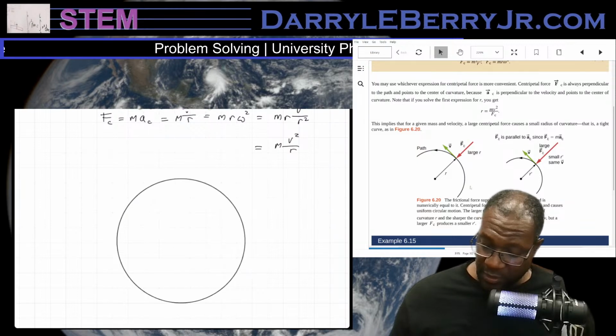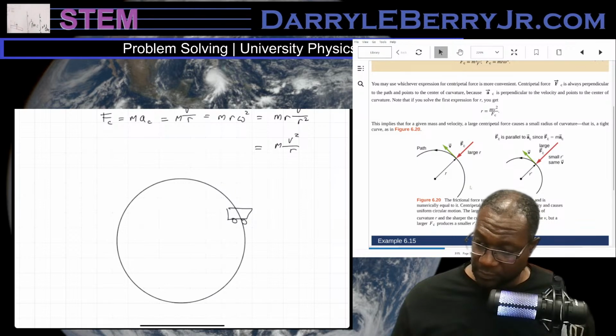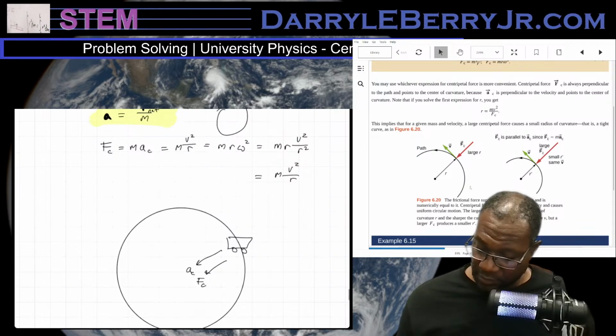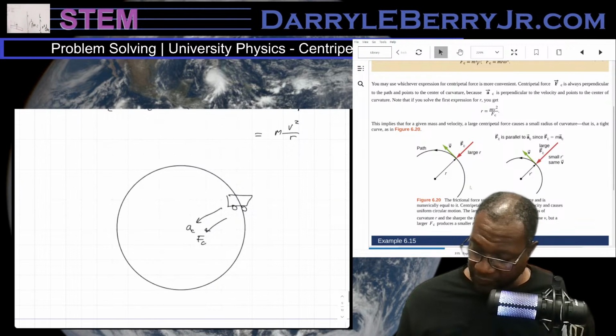So if you have a car that's going around this curve, the acceleration is inward, the F_c is inward, and friction is always opposite the force.